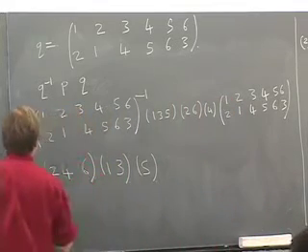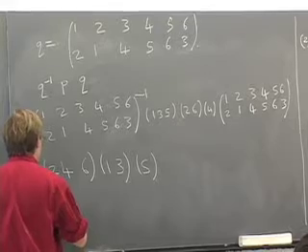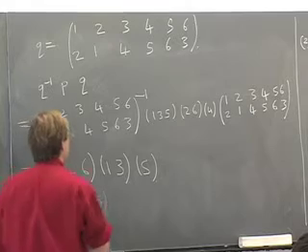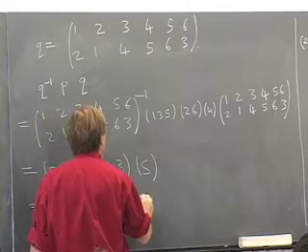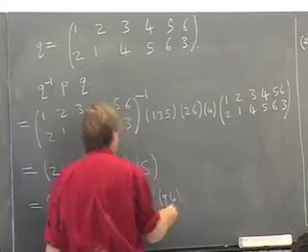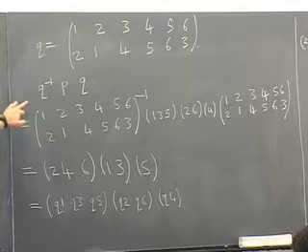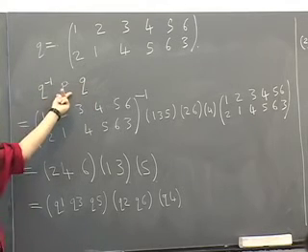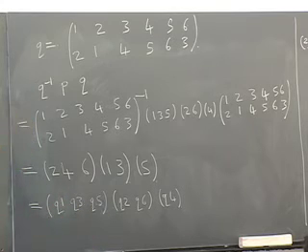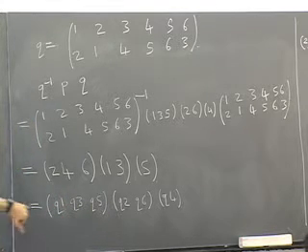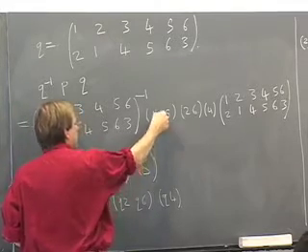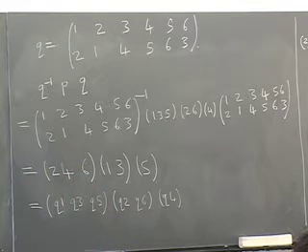So this was Q of 1, Q of 3, Q of 5, Q of 2, Q of 6, Q of 4. So when you form the conjugate Q inverse PQ, and you're working in cycle shape, it's very easy what you do. You just take the original cycles and replace every integer with Q of that integer.